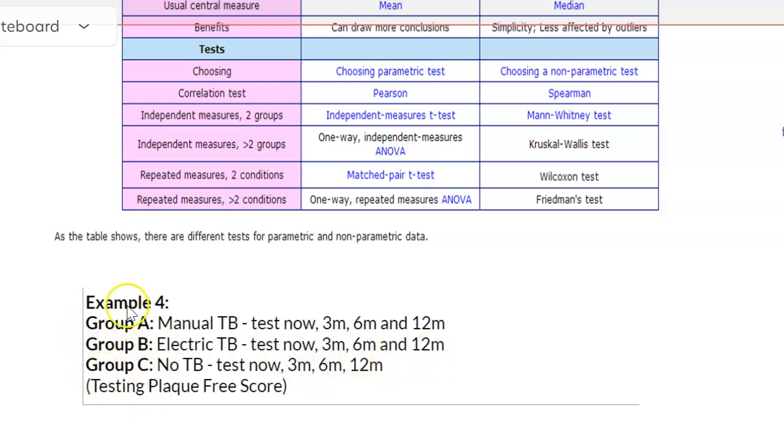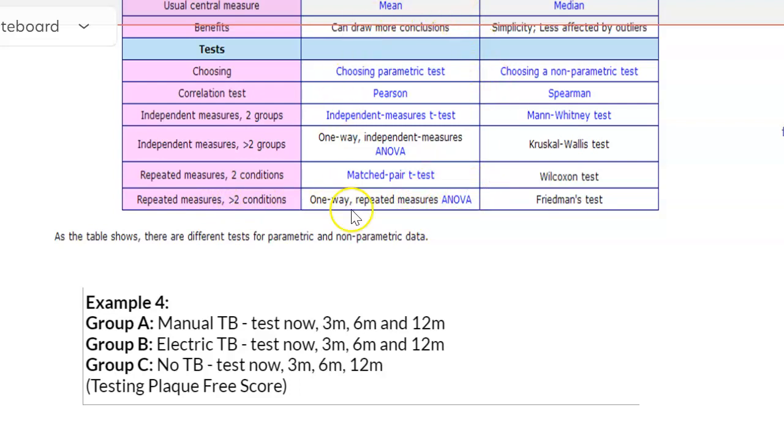So when we have 3 groups, and we're doing repeated measures, testing them repeatedly at different intervals, that is repeated measures. So it's ANOVA.